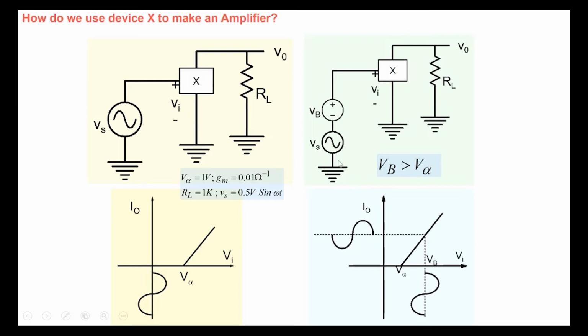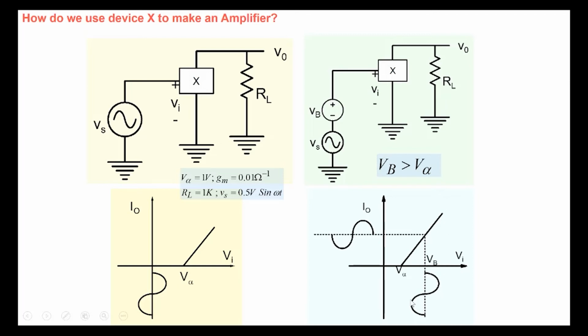We are biasing it at Vb. Now as we superimpose this sinusoid here, as this voltage increases, the current increases here. And as the voltage decreases, the current also decreases, okay? So I0 will respond to these changes.